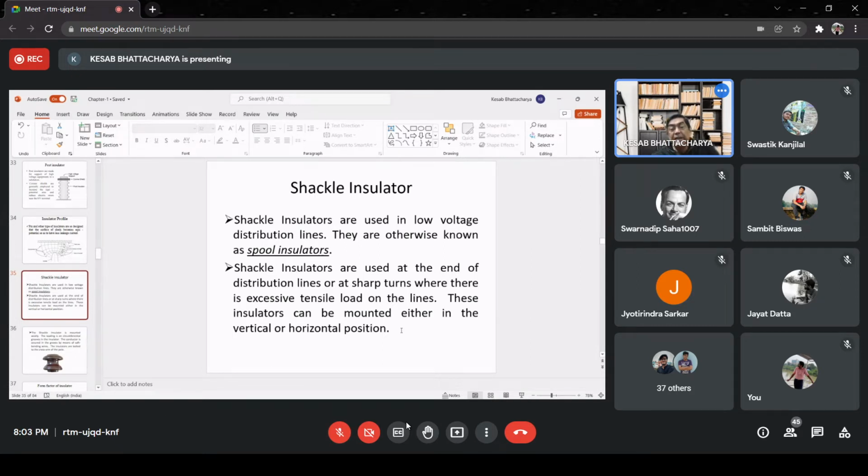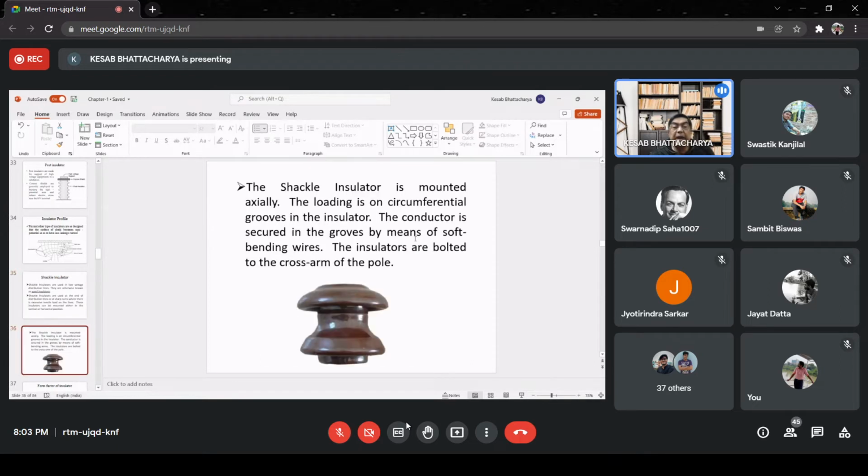That is why they are normally used to support the distribution lines at the end of the distribution system, at a particular distribution pole or tower, or where there is a sharp turn. This is the diagram of the Sacral insulator. The Sacral insulator is mounted axially. The loading is on circumferential grooves.